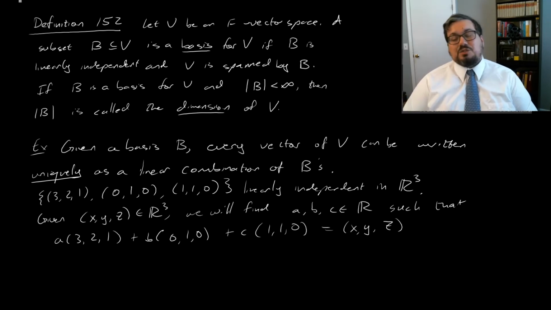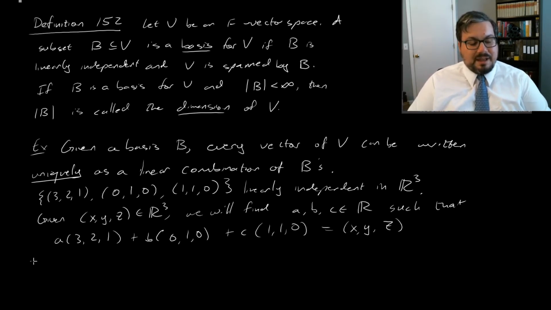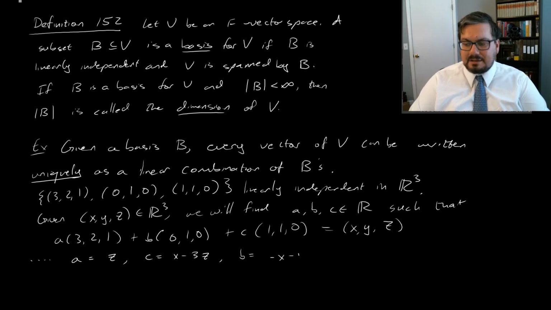If you treat the x, y, and z as parameters and solve for the a, b, and c, you'll find, after some work, that if we let a be equal to z, c be equal to x minus 3z, and b be negative x plus y plus z, that these work.